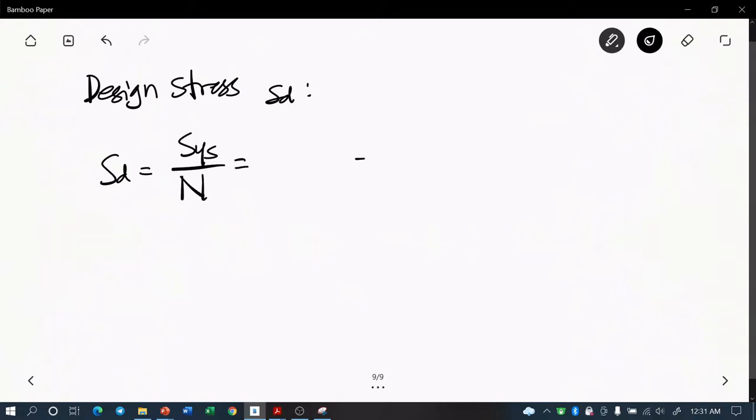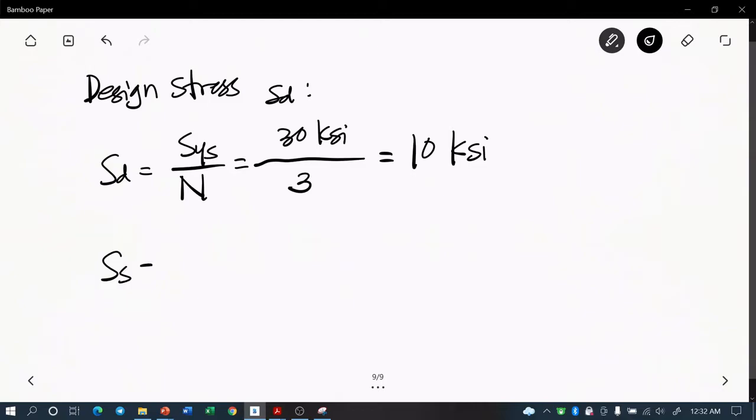So we can now plug in those values. S sub ys is equal to 30 ksi over the design factor of 3, and thus we have the design stress of 10 ksi.